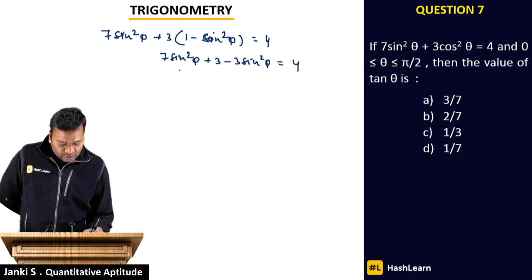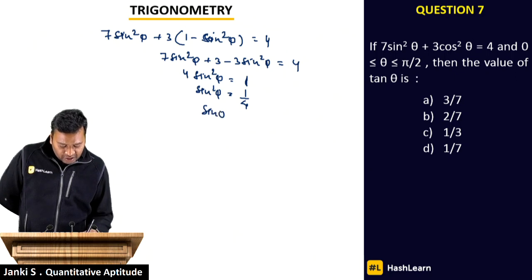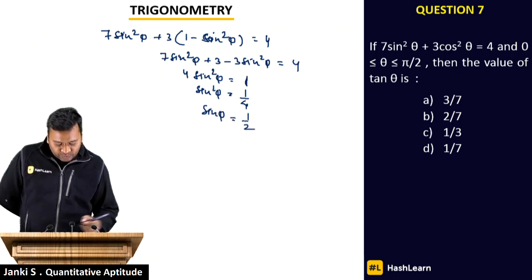So now the value is nothing but 4 sine square theta is equal to 1 here, or else sine square theta is nothing but 1 by 4. That represents sine theta is nothing but 1 by 2, right?